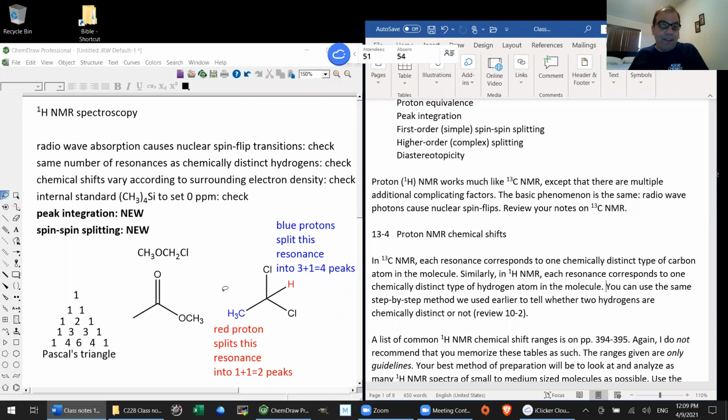That being said, I think none of you will be surprised to hear that organic chemists don't make too much use of vanadium NMR, because we're not making things with vanadium in them. We certainly are making things with carbon and hydrogen in them. So those are by far the most common methods used in organic chemistry.